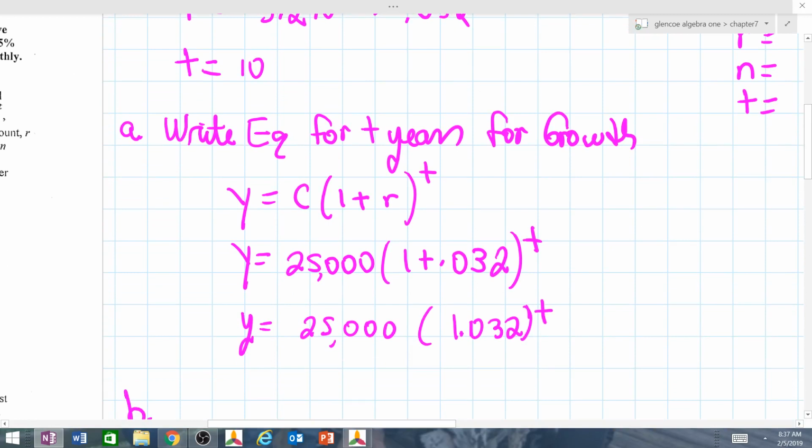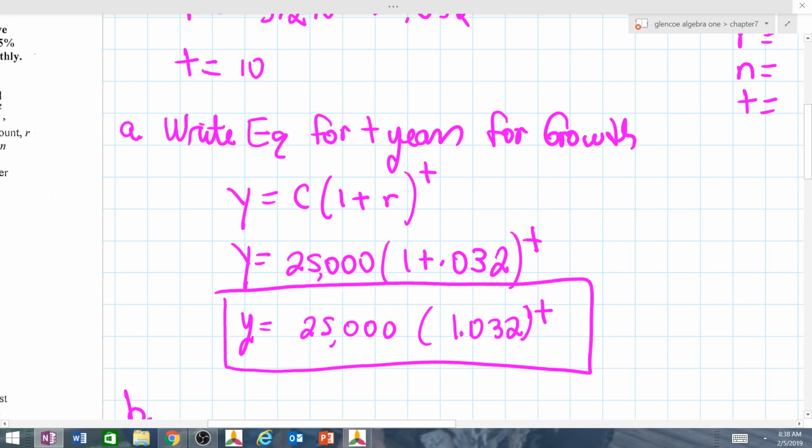So the initial amount replaces c. The rate of growth was 3.2%, which is 0.032. We add 1 plus 0.032 together, and the equation that we come up with is y equals 25,000 times the quantity 1.032 to the t power.